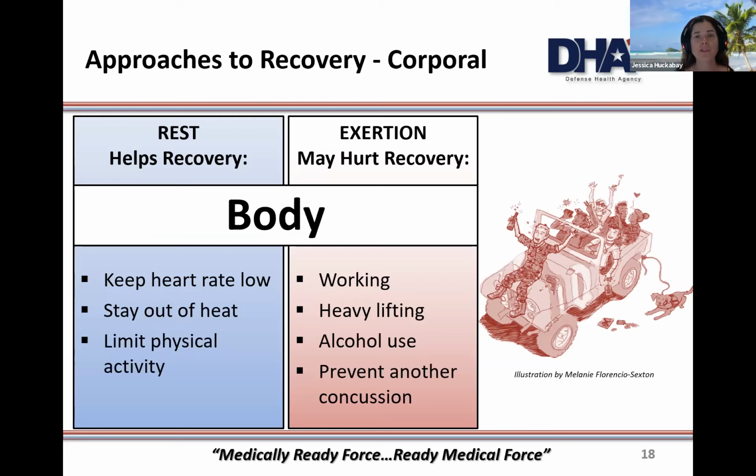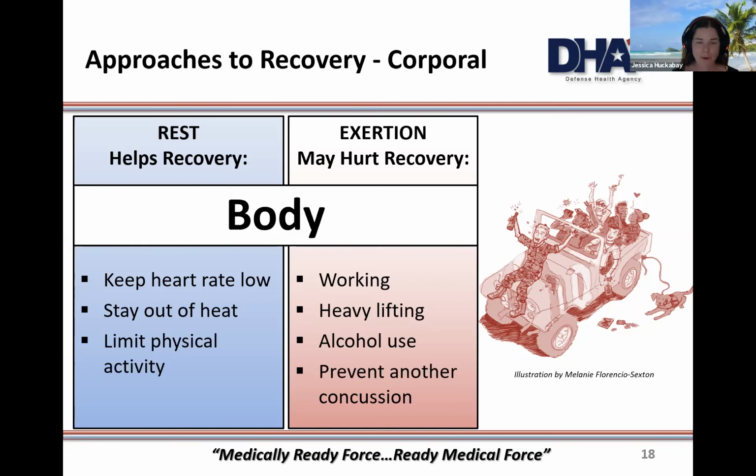Those can really hinder the recovery process. Stimulants, oftentimes we hear from our service members that they drink up to 10 energy drinks a day. Some of our young people drink a lot of energy drinks or a lot of coffee just to stay alert. So the doctor may work with them on a gradual step down from caffeine, so they eliminate that, or they reduce that, because of the headaches that come from caffeine withdrawal.